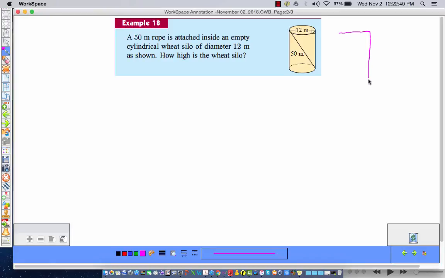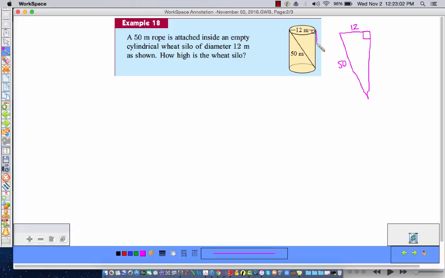So this goes here, this goes down, we've got a right angle. This is 12 meters right here, equal to the diameter of the cylinder, and the hypotenuse is 50 meters.